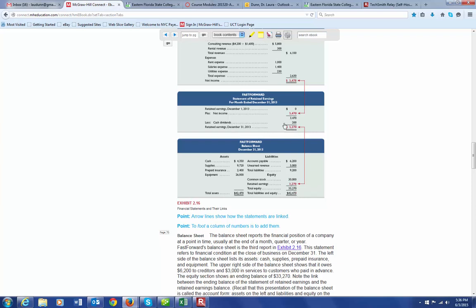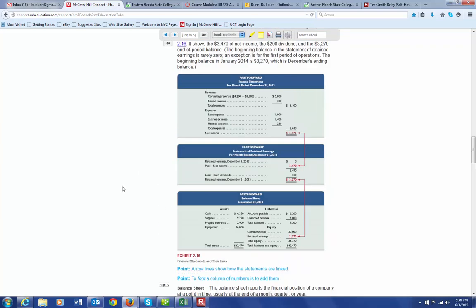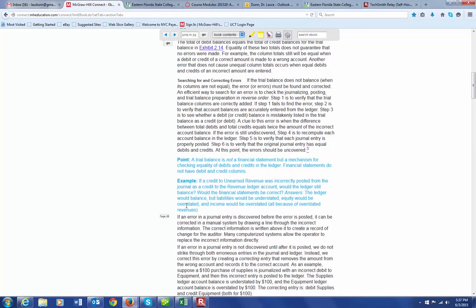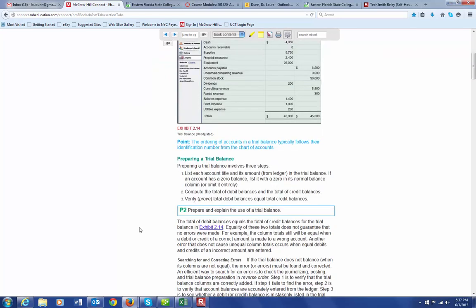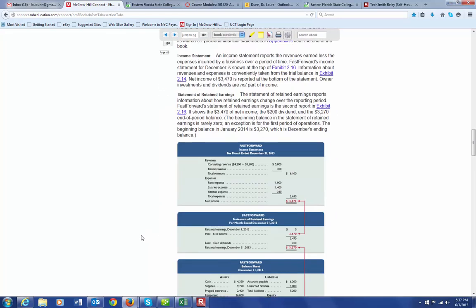So once you bring that down here, then this side has to equal this side. It has to be in balance. But you can see where all of this can basically be done once you know that your trial balance is in balance. You have all the accounts you need here to begin work on your financial statements.